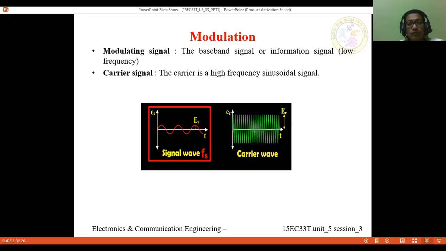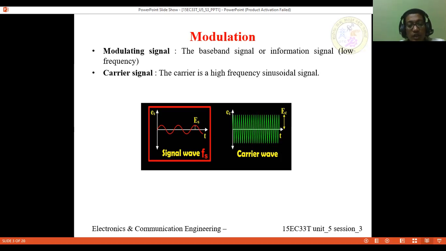We cannot transmit this low frequency signal as it is over a long distance, so we require a high frequency carrier to be superimposed on it. For that, we go for modulation at the transmitter side, and to recover the original signal from the modulated signal, we do the demodulation process, which we will discuss in upcoming sessions.